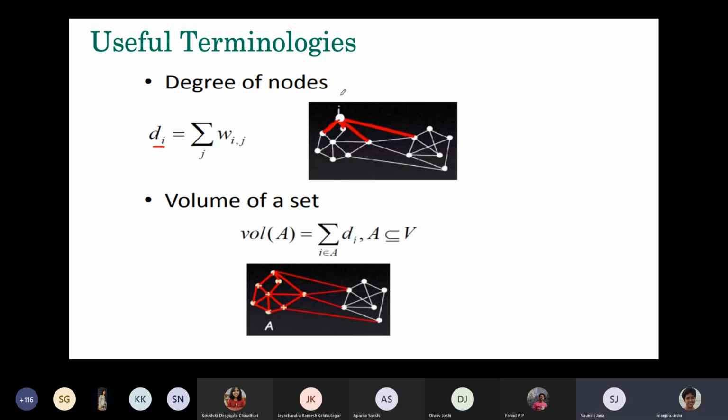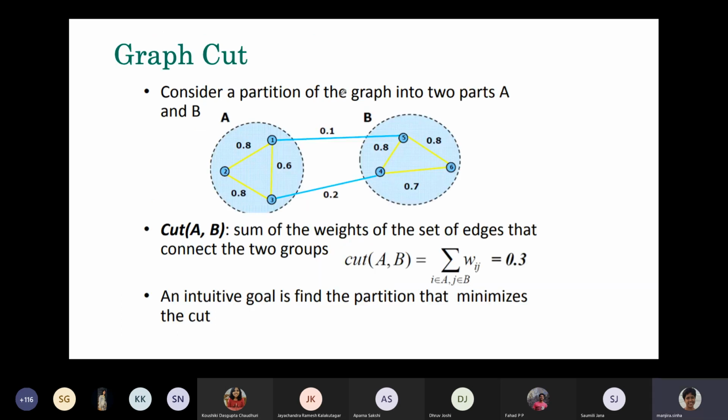Okay. So we discussed the degree of nodes in a graph and the volume of a set in a weighted graph. Now we will look into the graph cut algorithm, which comes up with a partition within a graph.